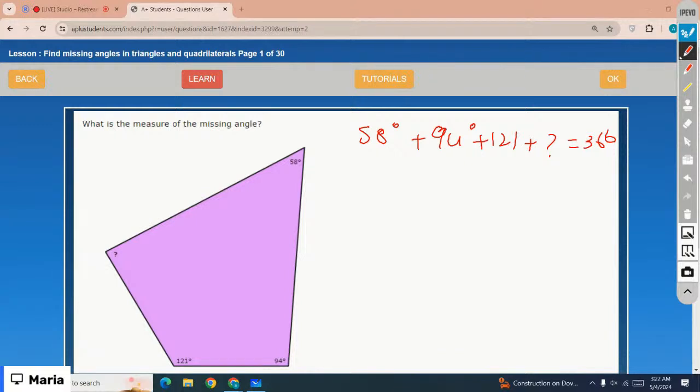That is 58 plus 94 plus 121, that is 273. So subtract it from the other side. 360 minus 273, the correct option is 87 degrees. So that means the missing angle equals 87 degrees, right?